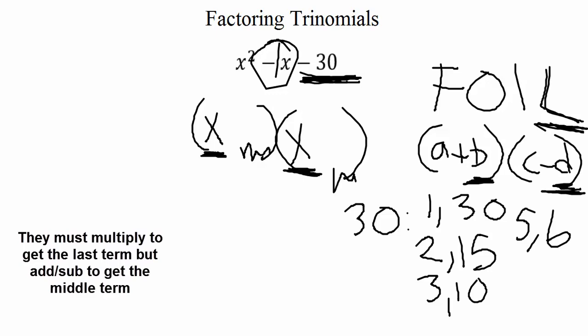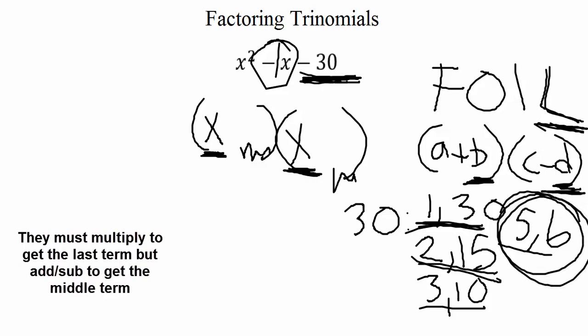Which of these four combinations would add or subtract to get a 1? For example, 30 minus 1 would not give us a 1. 15 minus 2 would not be a 1, or 15 plus 2. The only combination that could work is the 5 and the 6, because 6 minus 5 is a 1. So I'm going to use the 5 and the 6.